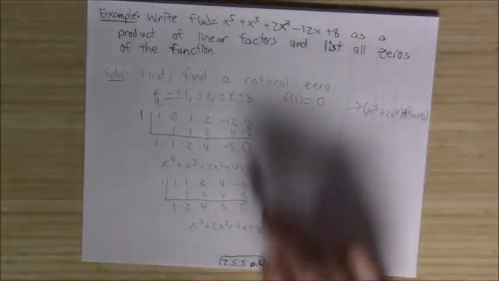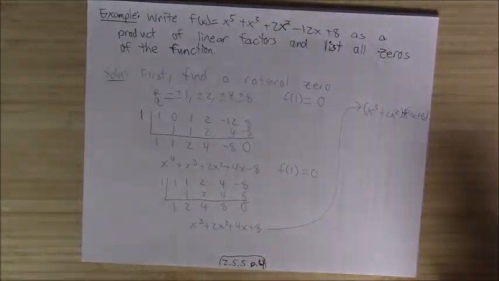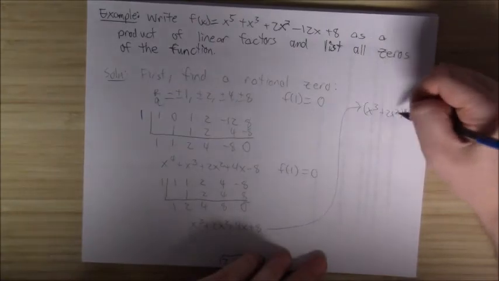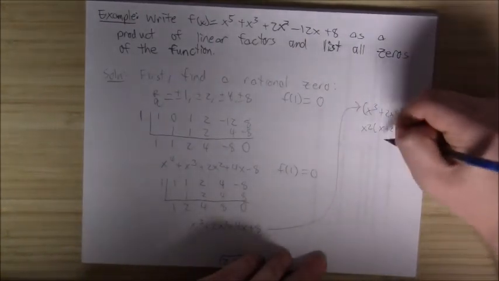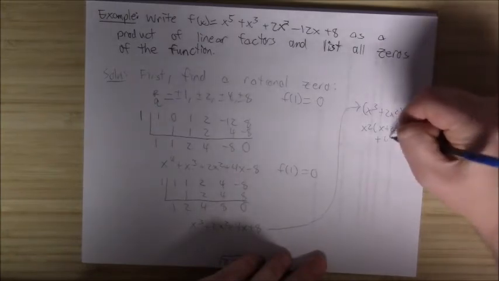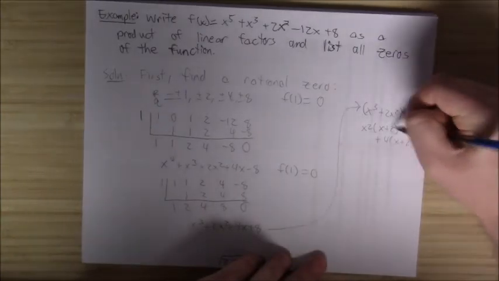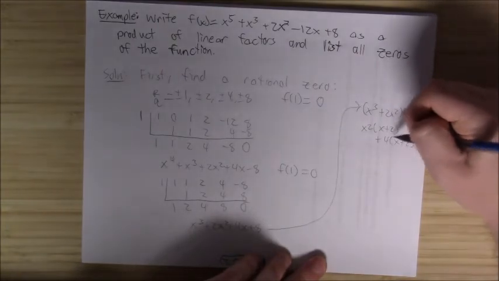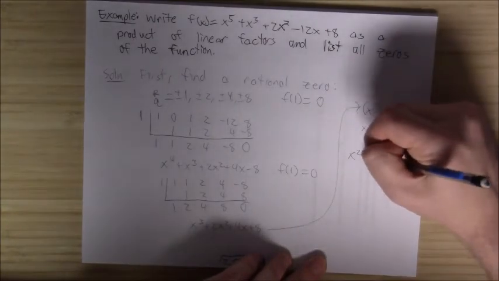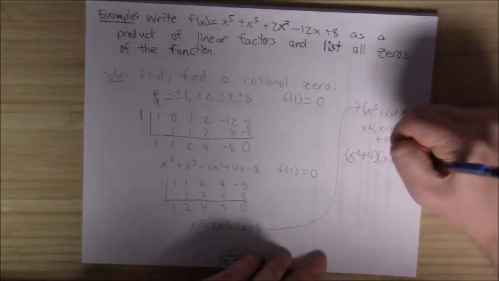If you can't, then you need to continue this process, right? Here we can pull out x squared times x plus 2, plus 4 times x plus 2. Because these are the same factor, this is how you know if grouping works, we can pull it out. We have x squared plus 4 times x plus 2.